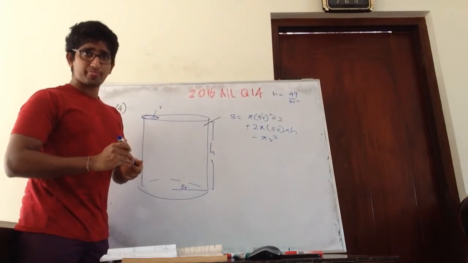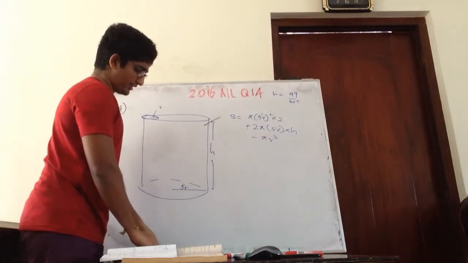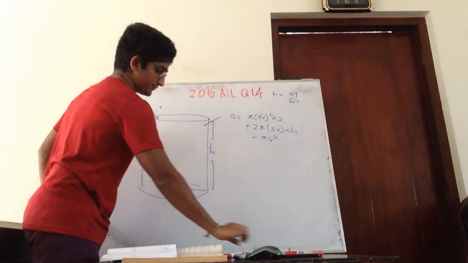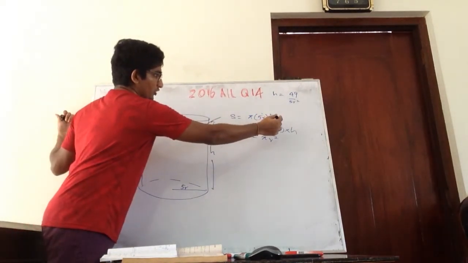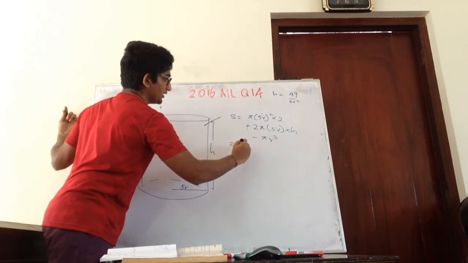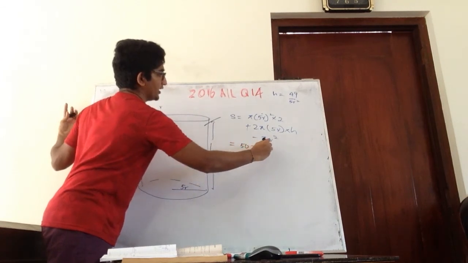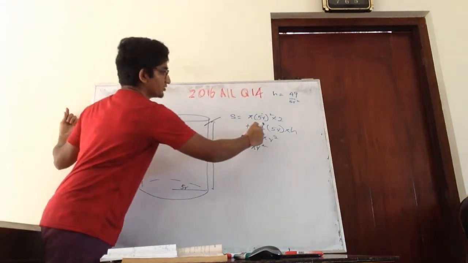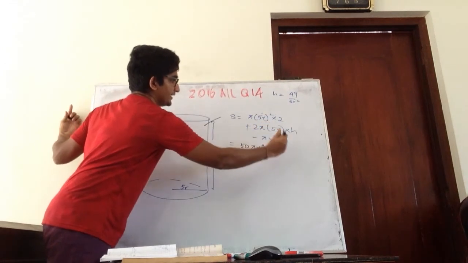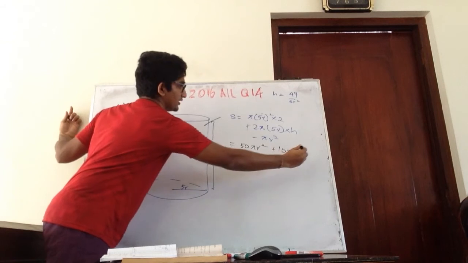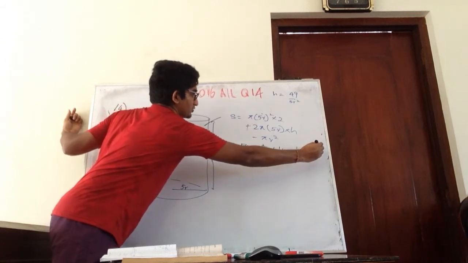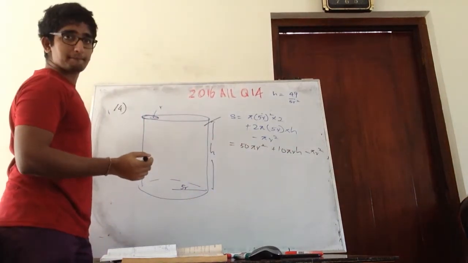Clear now? Right? So then I will get, here 2 into 5 is going to be 10 πr square, plus 10 πrh, minus πr square. Correct?